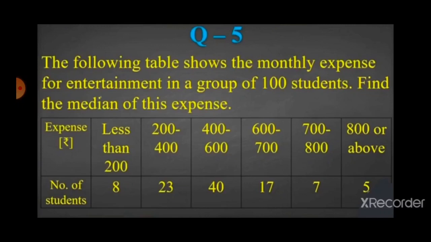Then 200 to 400, number of students are 23. 400 to 600, 40. 600 to 700, 17. 700 to 800, 7. 800 or above, 5. Here we have to find out the median of this class.